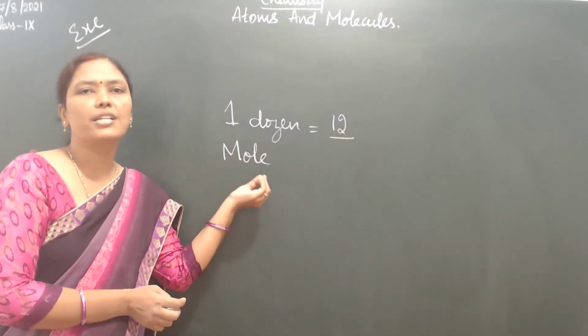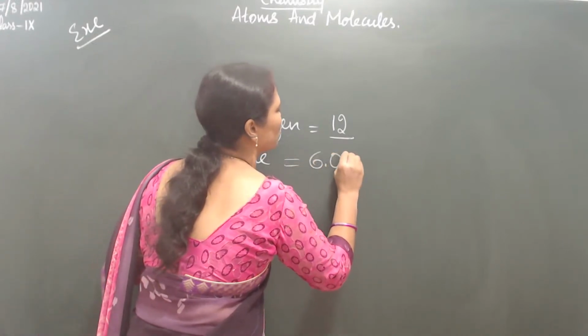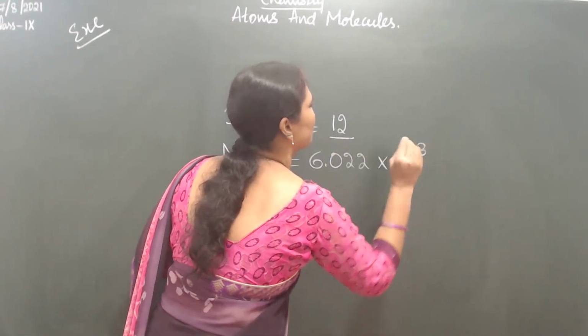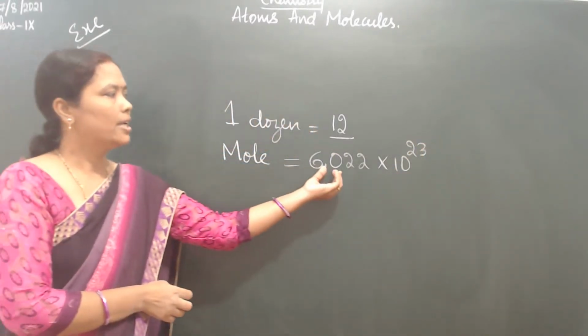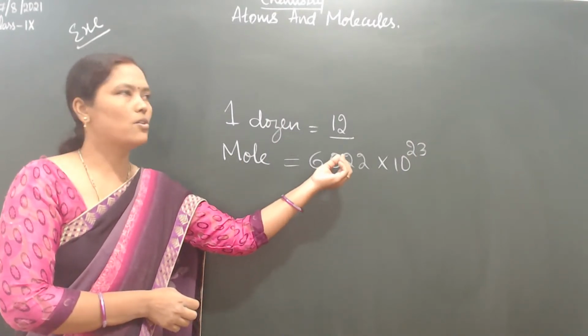Here a mole is equal to 6.022 into 10 to the power 23. This is also a fixed number, a constant number.